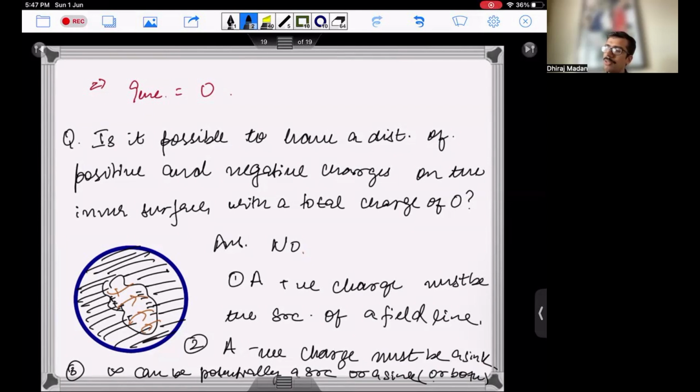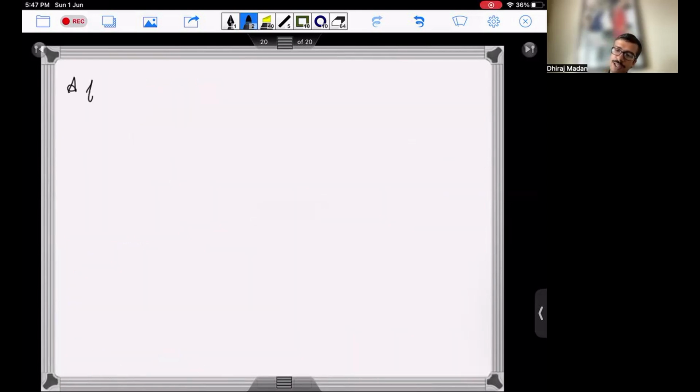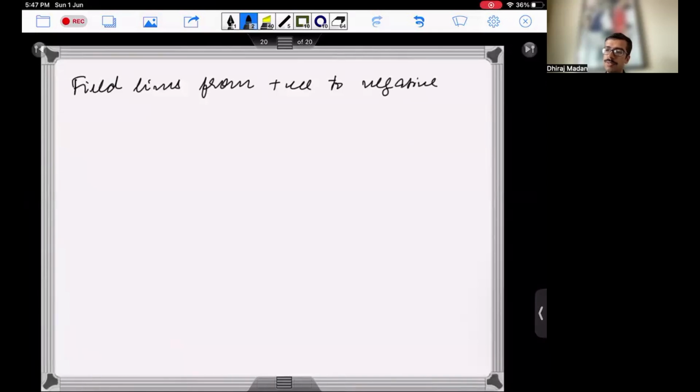But even so, we have these field lines from positive to negative charges, right?